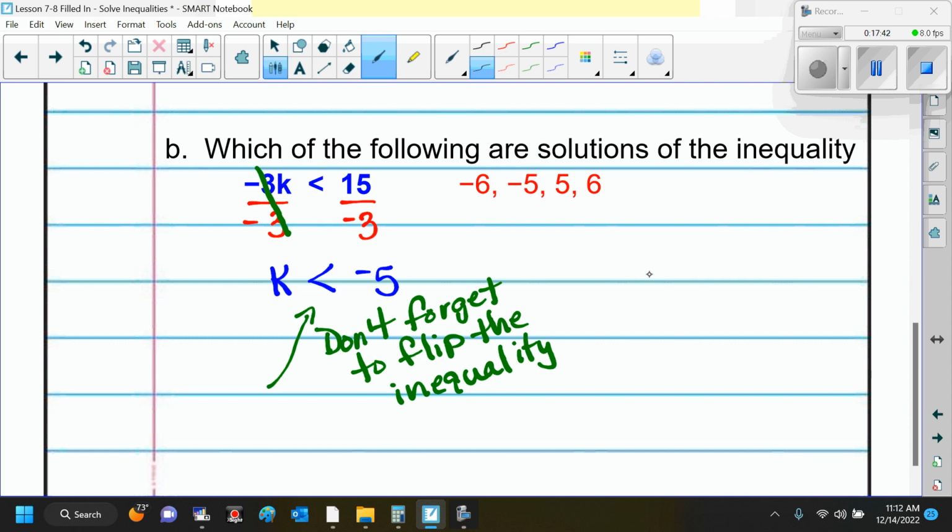So our actual answer is k is greater than negative 5. So out of these values up here, what are my solutions? k is greater than negative 5. Negative 6? No. Negative 5? No. 5? Yes. 6? Yes. Is everybody clear?